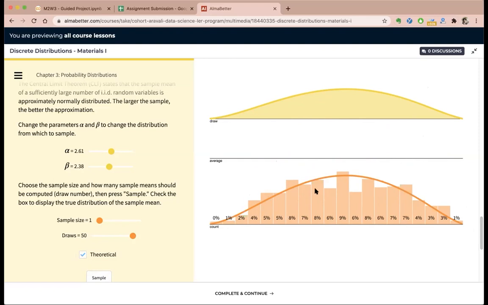Theoretically this bar should have touched here. The gaps that you see here are due to us not taking enough samples. If we take an infinite number of samples, your gaps will get closer and closer.